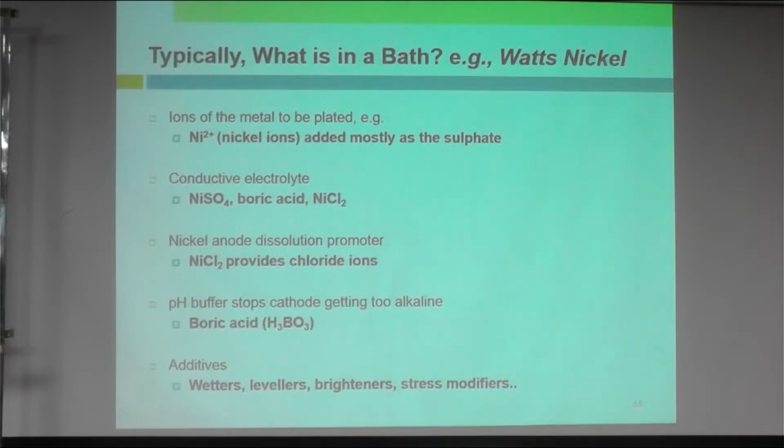Additive means something that you can use to enhance the process or improve the electrodeposition, or to speed up the deposition, or to make the electrodeposition surface homogeneous. That is where we put the additive accordingly.